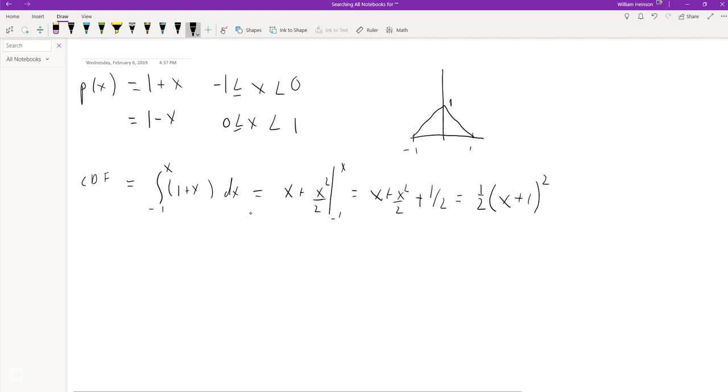Right? I factored out the half here: x squared plus 2x, and the -1 becomes minus half, which becomes plus half, so that works out just fine.